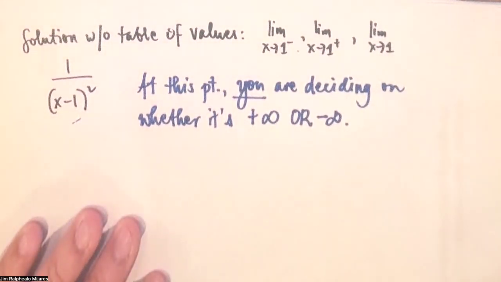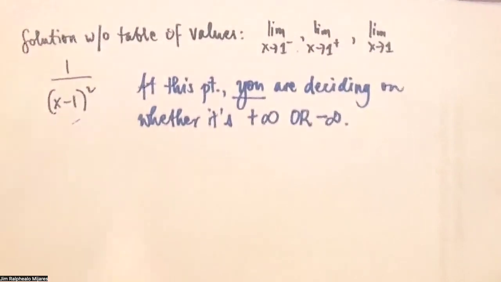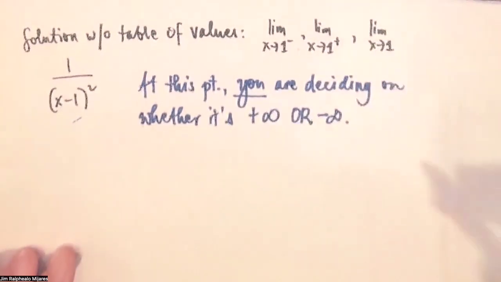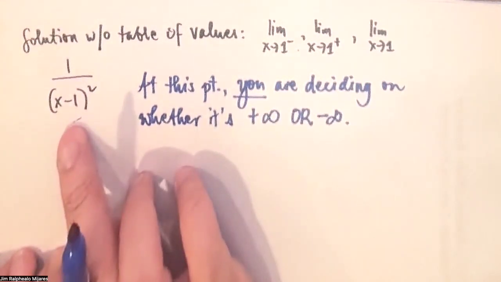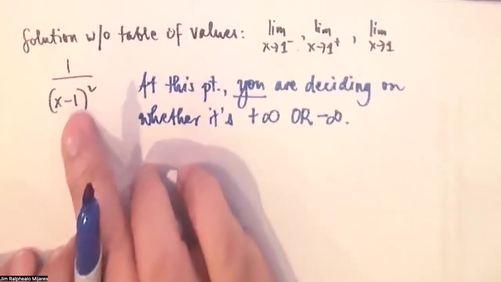So you're now thinking, hey, am I going to get a positive infinity or negative infinity? How are you going to know? All right. So you equate the denominator to 0.